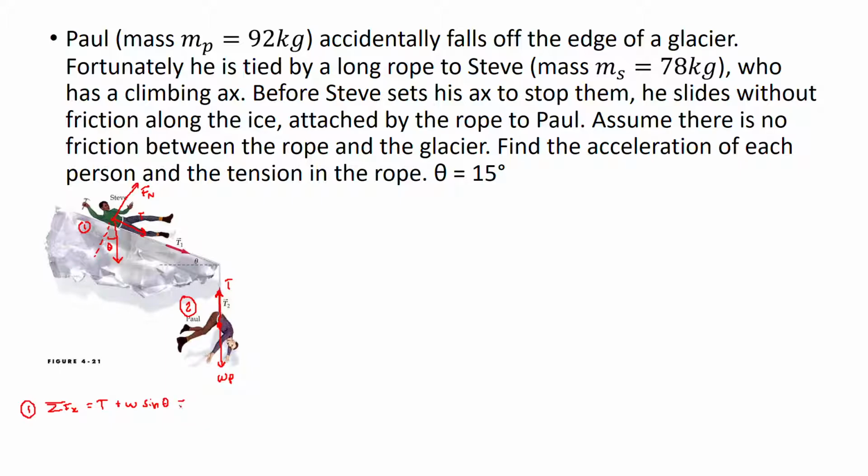And that's gonna move, so it's gonna be equal to mass times acceleration. And the forces in y: normal force minus weight cosine of theta, and it's not moving in the y-axis because we shifted it, so this is gonna be equal to 0.